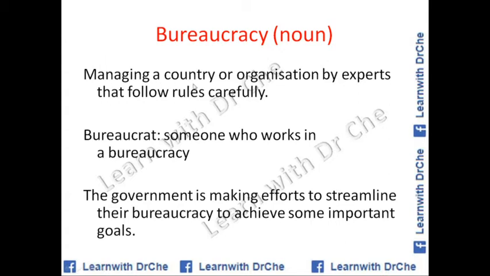It means managing a country or an organization by experts that follow rules carefully. This is called bureaucracy. Bureaucrat. Look at the spelling of bureaucrat. A bureaucrat is someone who works in a bureaucracy. The government is making efforts to streamline its bureaucracy to achieve some important goals.